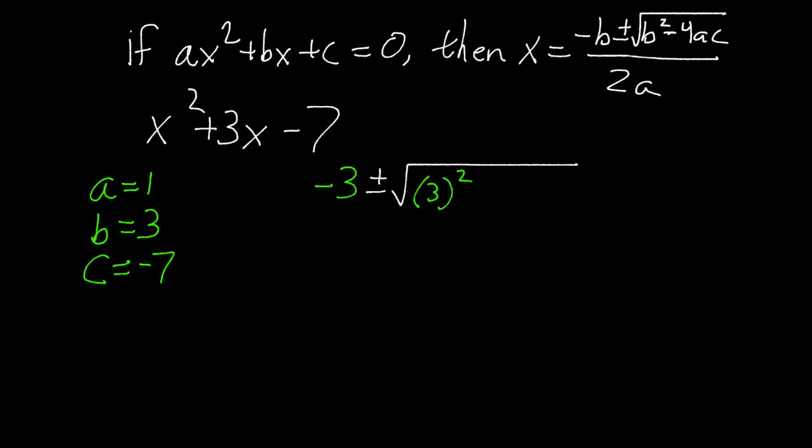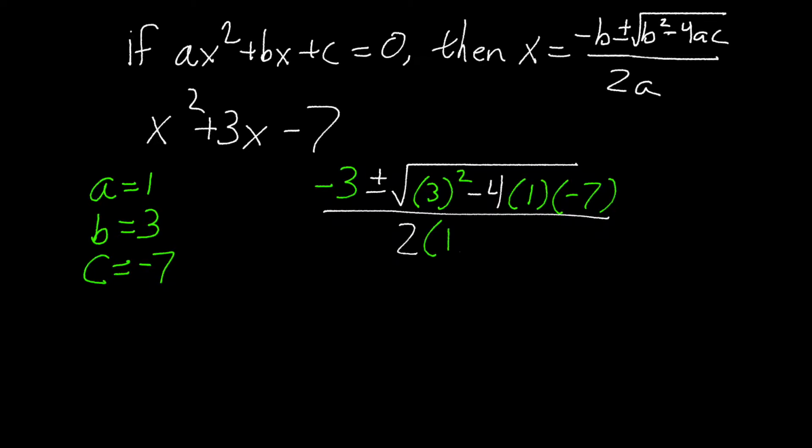You're going to want to put that in parentheses, whether it's positive or negative, just to be on the safe side, minus 4 times a, which is 1, times c, which is negative 7, all over 2 times a, so 2 times 1. And this, as I said, is going to equal the x values that solve our equation.